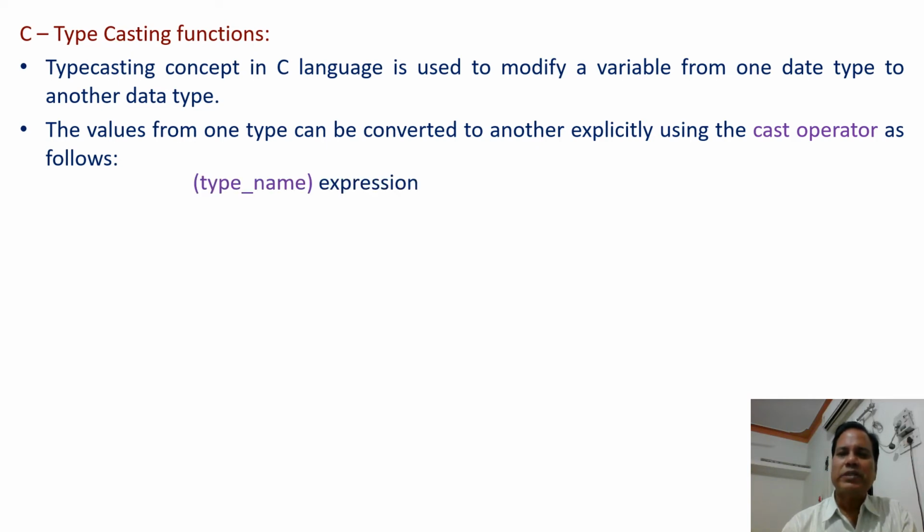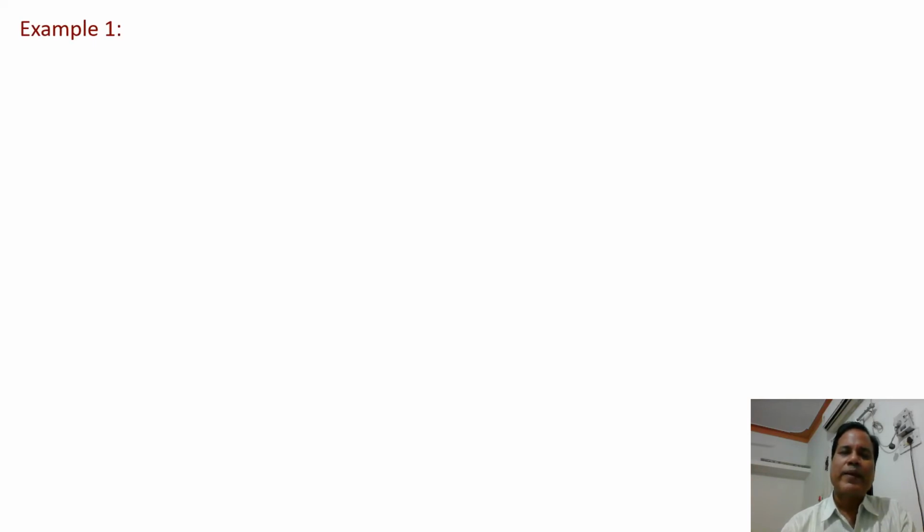Using this syntax, we can change one data type. Suppose an integer variable is there, and we want to change this integer variable to a float variable, then using this expression we can do it. This can be explained using this example.